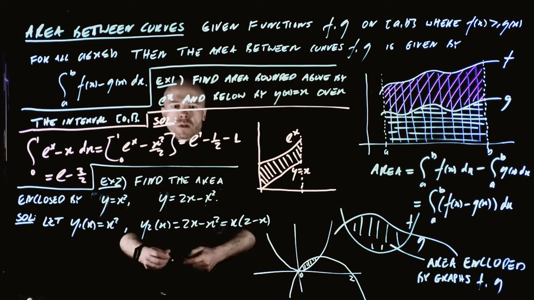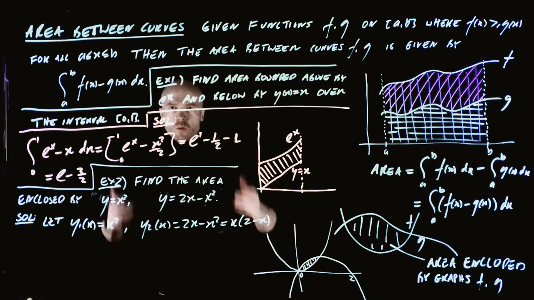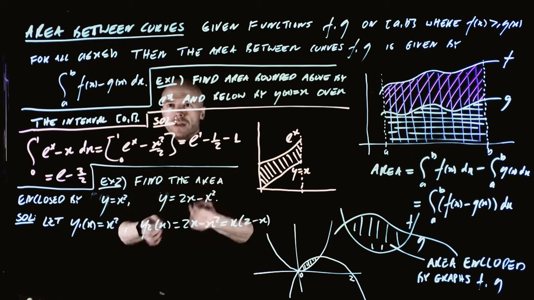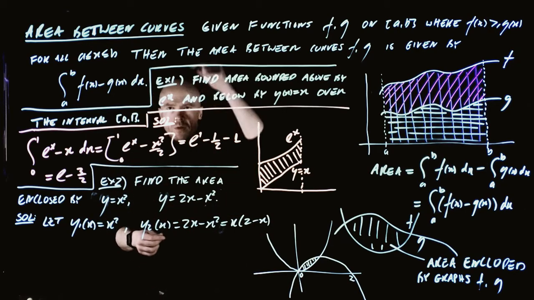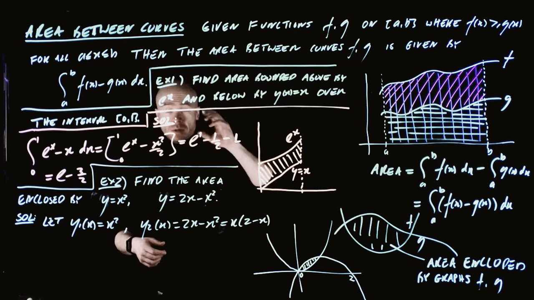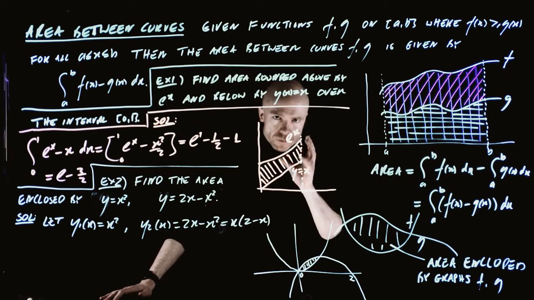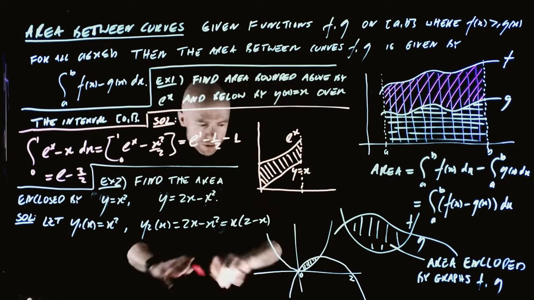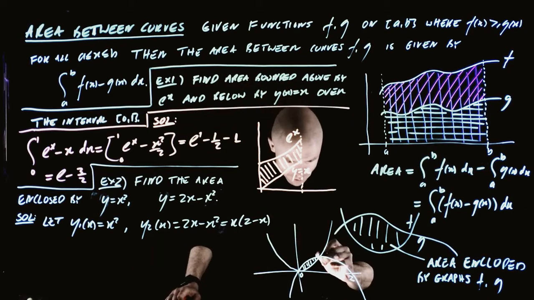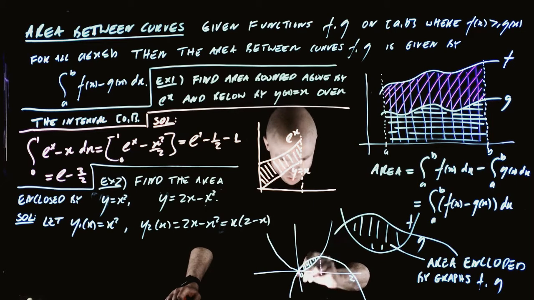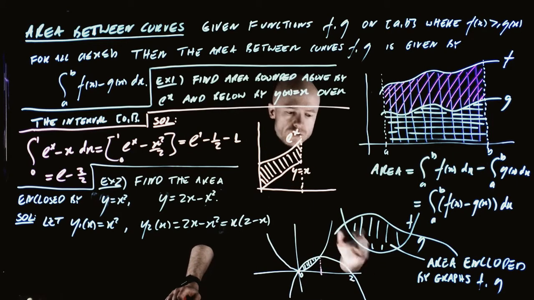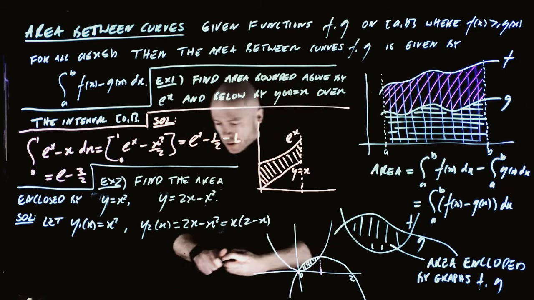Yeah? And we have just one thing that we know gives us the area, and that's this formula where we integrate f minus g, where f is on top, over some interval where that's true. So clearly, what we need now is to find the interval, which on this picture is from here to here, where this function here is on top of the other one.